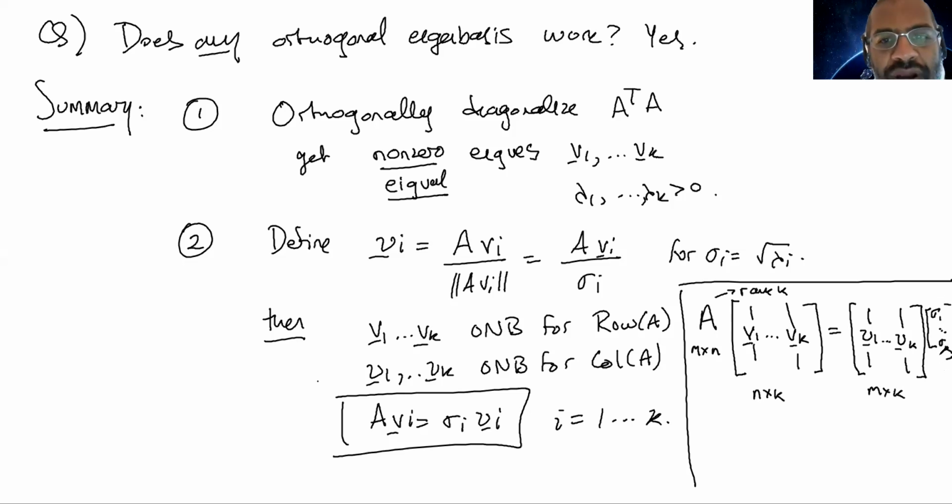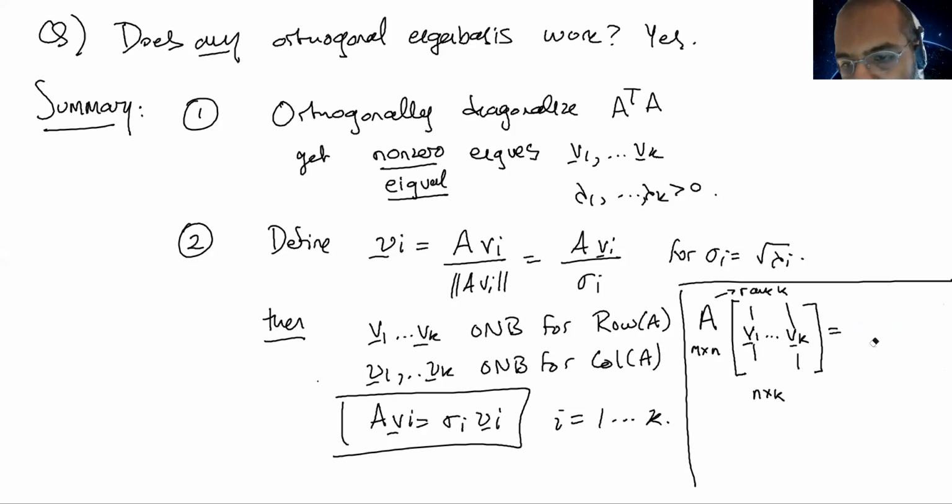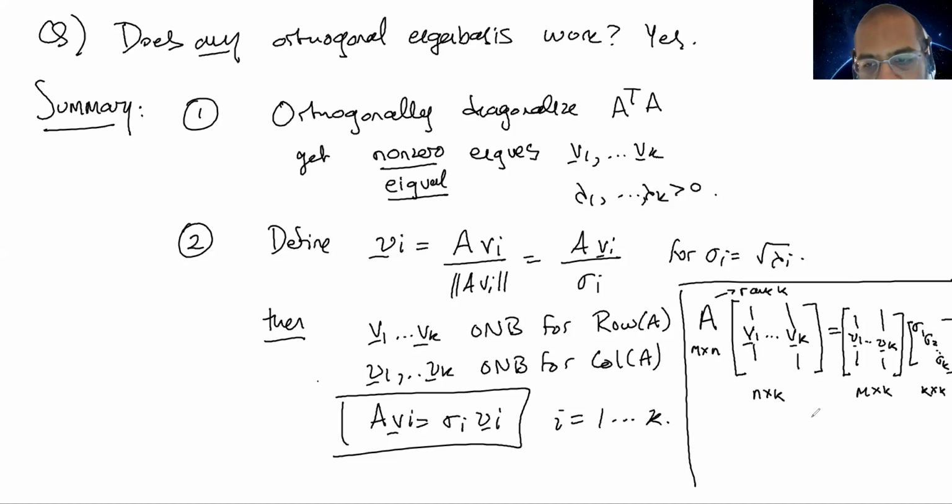Let me rewrite this since it's quite important. So this is M by K, and this is K by K. One way of writing this is AV equals U sigma, where you have the following properties.